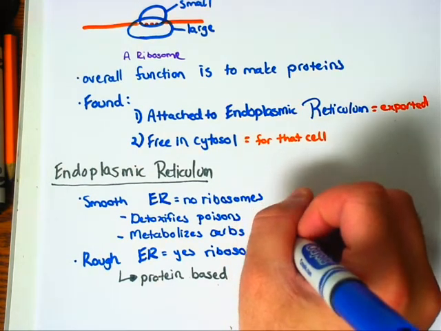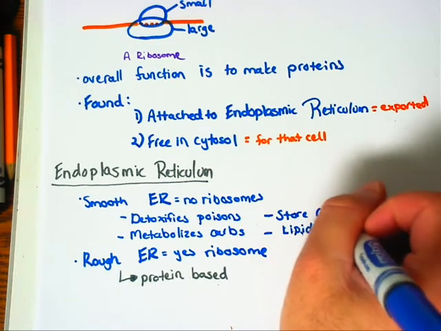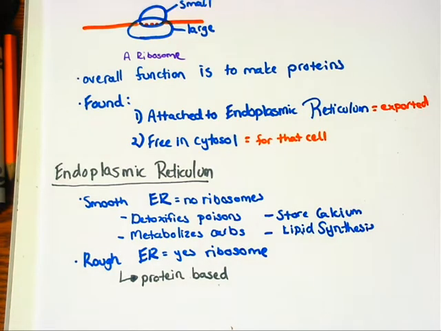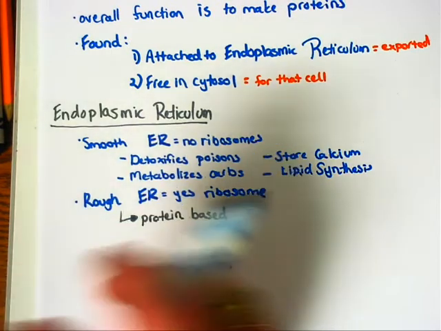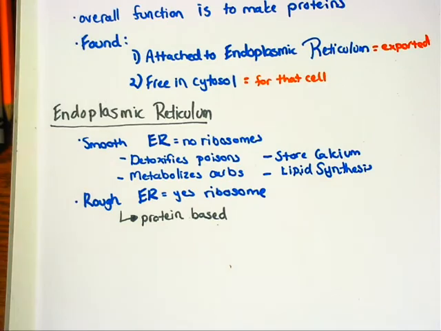And also is a site for lipid synthesis. Did we see anything with like proteins in that listing of smooth ER actions? No, because it is smooth with no ribosomes whatsoever. Good? Now moving on to the rough though, obviously that's going to be more protein based.